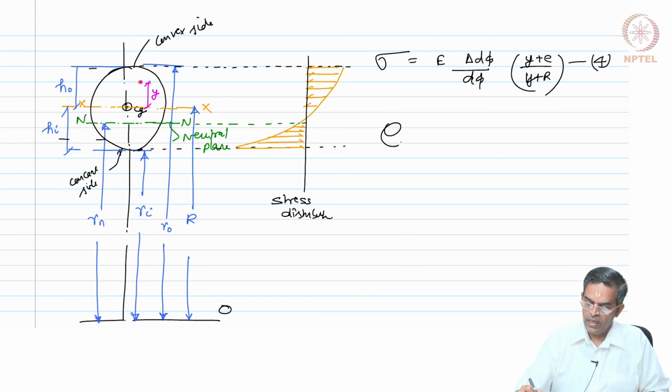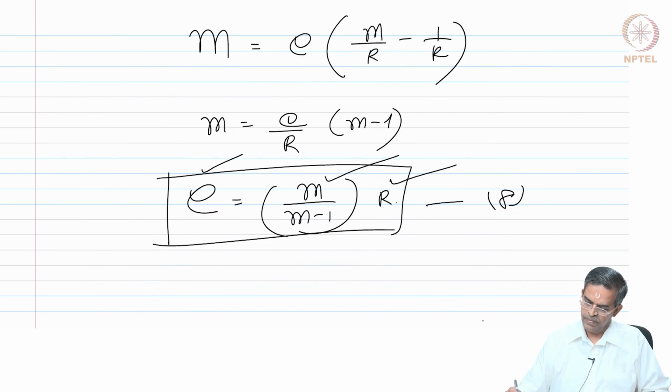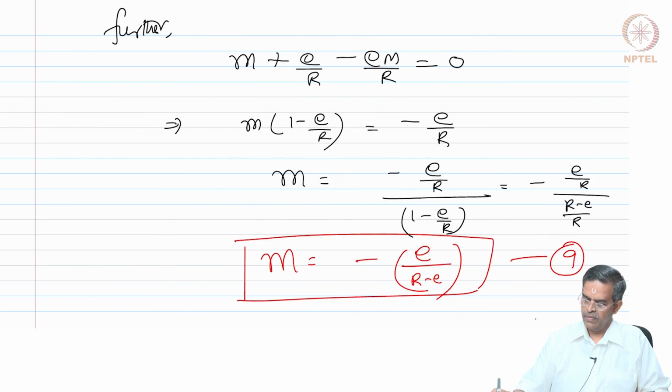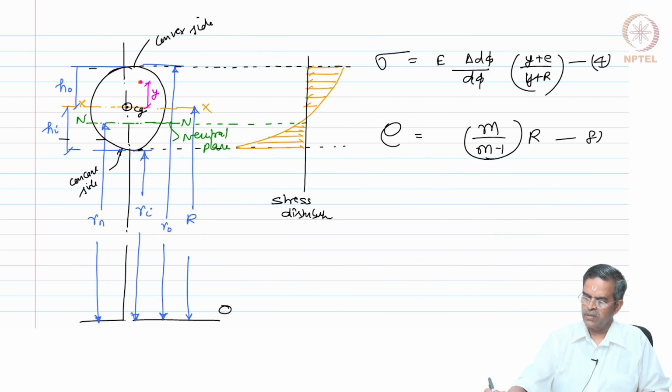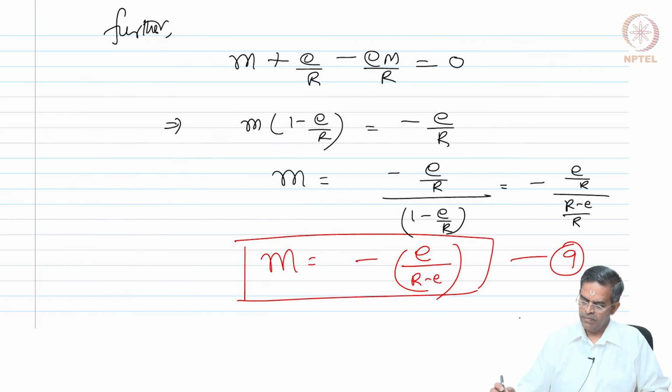We also have E as m by m minus 1 of R. I think this equation was 8. Let me mark this equation as 8. m is also now given by minus of E by R minus E, which is equation 9.